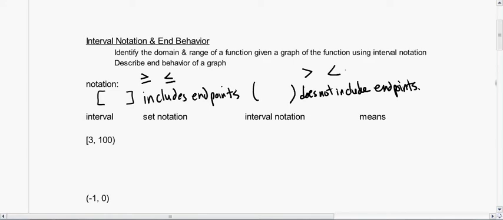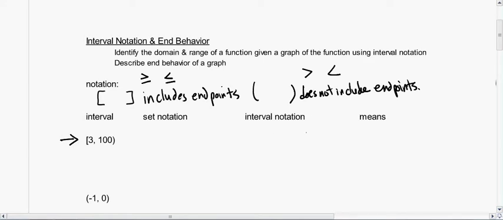So in our first example right here, where we have a bracket 3 and then a 100 and a parenthesis, this means that I'm including 3 in my set of numbers, but I'm not including 100, just everything up to 100.